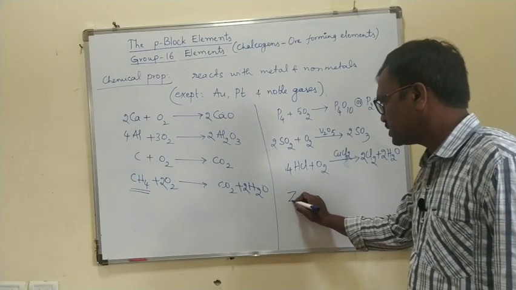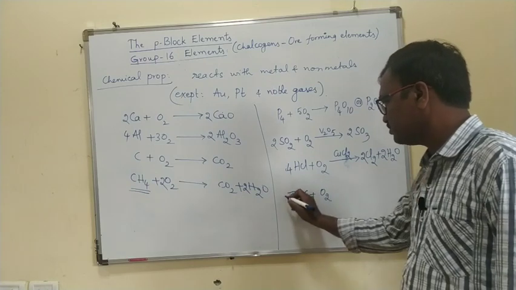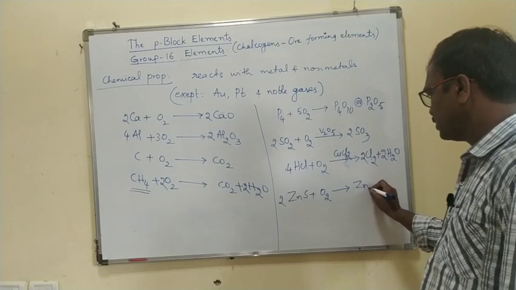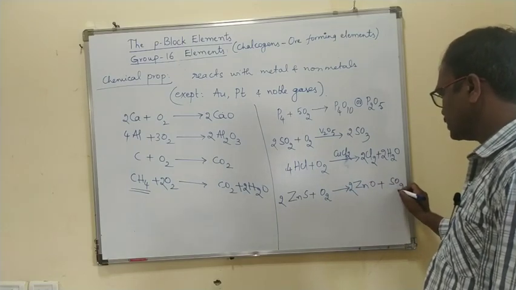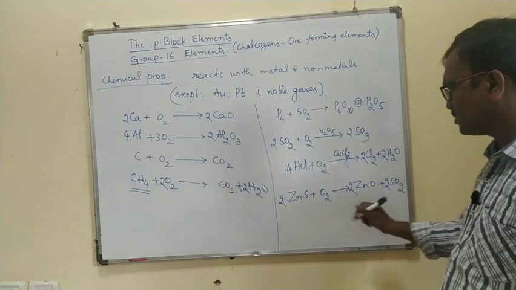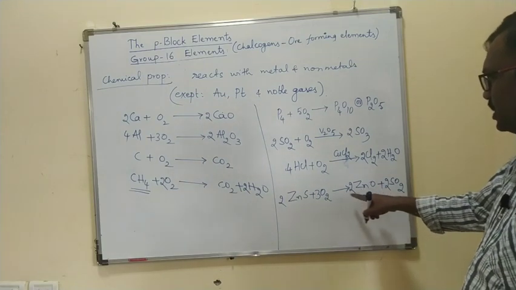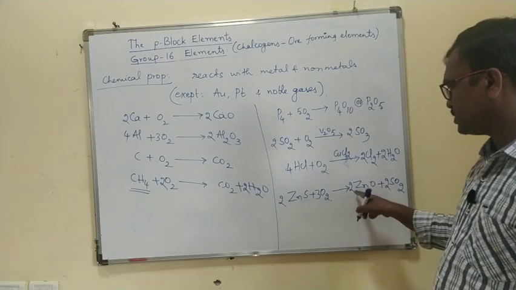The next one is zinc sulfide. Zinc sulfide reacts with oxygen, generally forming zinc oxide plus sulfur dioxide. How many oxygens? 6 oxygens, that's why this becomes 3O2: 2 plus 4, 6 oxygens, 2 sulfurs, 2 zinc.